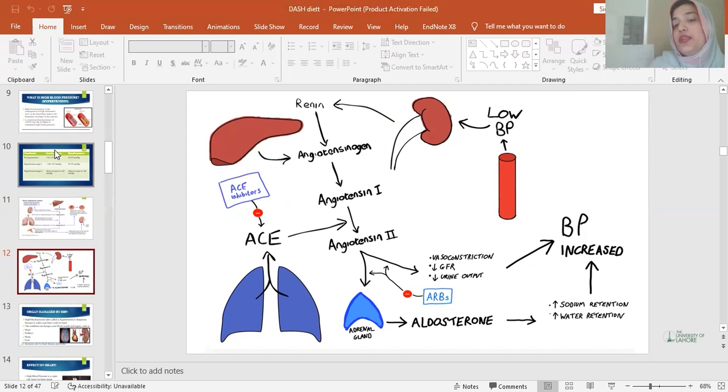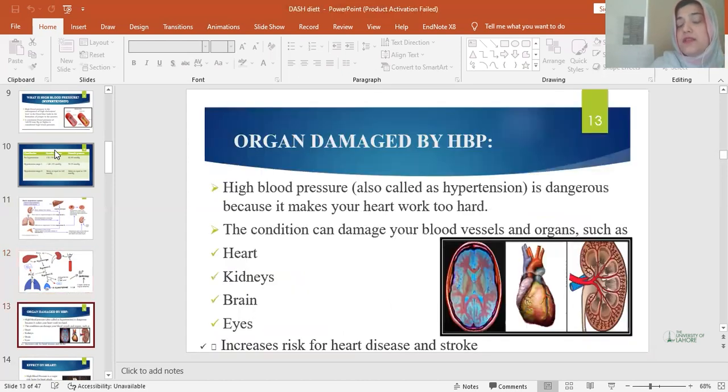Further, aldosterone acts, which creates vasoconstriction, decreasing the glomerular filtration rate and also decreasing urine output. As a consequence, water retention is caused, an edematous condition is created, sodium is retained in the body, and as a result blood pressure increases, which is hypertension. This is the basic mechanism linked with the causes of hypertension.